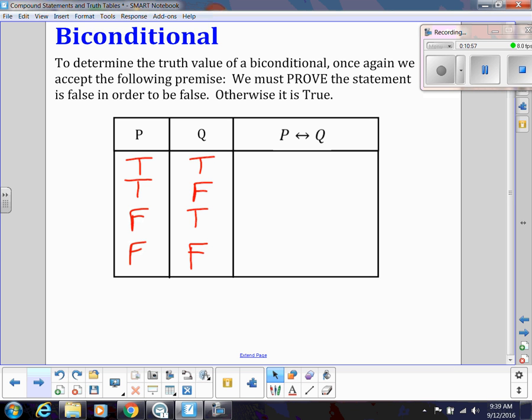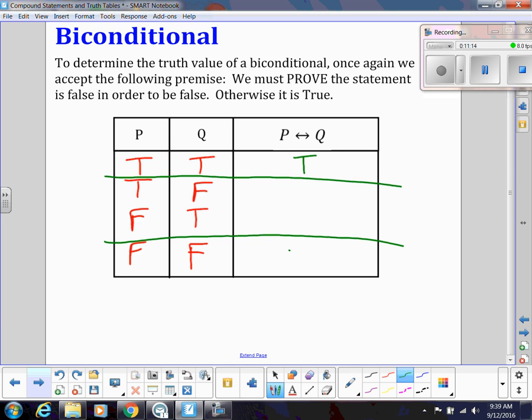And for biconditional, we said before that they either both need to be true or both need to be false in order for us to write a biconditional statement. So I'm going to skip around here. The only ones that are going to be a true biconditional statement is if they're both true or they're both false. I know this is the one that creeps people out, but if something's false and it implies false and vice versa, then that's still a true statement.